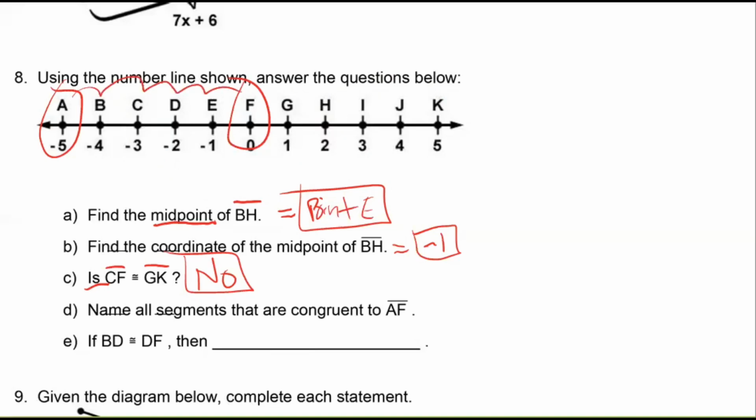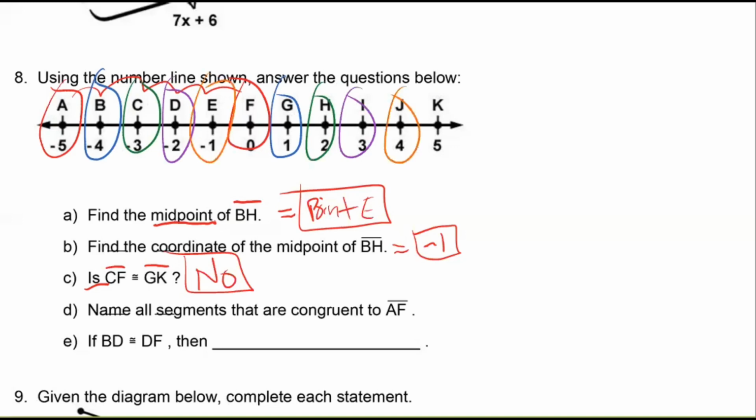So I could say that B is congruent to G, C is congruent to H, D is congruent to I, E is congruent to J, and I can even say that F is congruent to K. And here's why: because they're 1, 2, 3, 4, 5 apart. That is how they're congruent. So you could just pick any one you want and do it there.